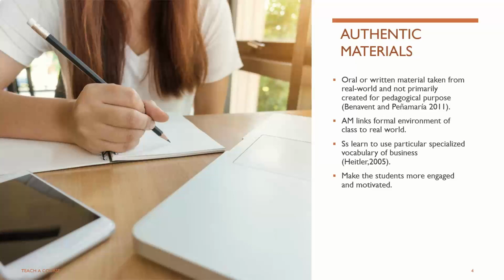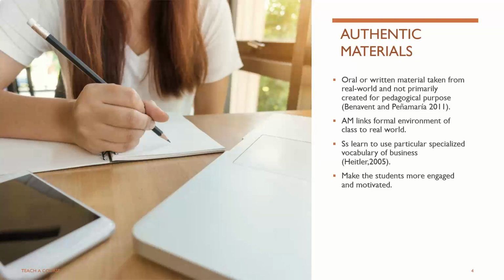The benefit or advantage of these materials is that they link the formal environment of the classroom to the real world. It means the students know what kind of letters or pieces of writing are used in the real world, and what kind of pieces of writing are studied in the classroom.